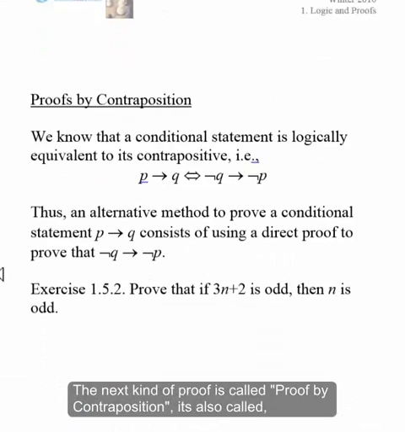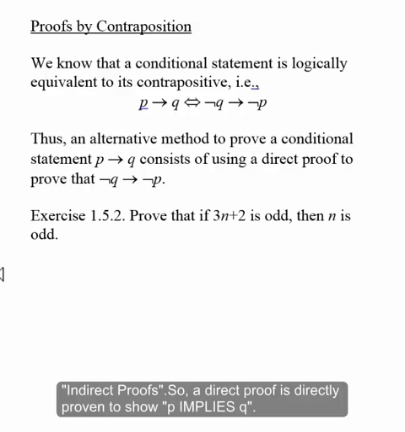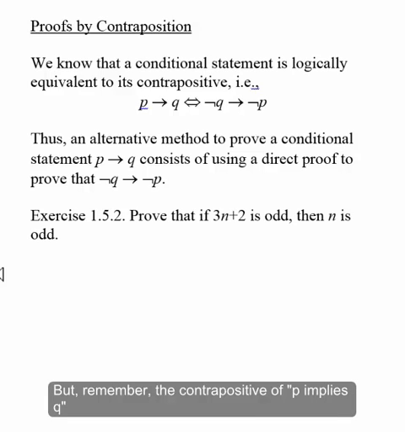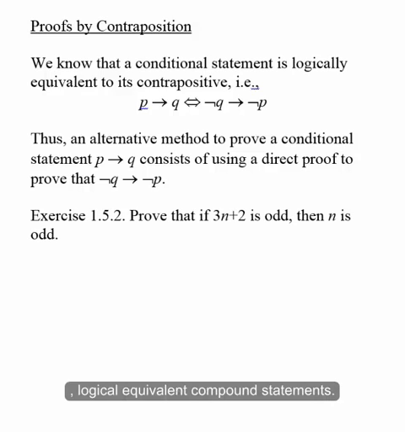The next kind of proof is called proof by contraposition. It's also called an indirect proof. So a direct proof directly proves that P implies Q. But remember, the contrapositive of P implies Q is not Q implies not P. These are two equivalent, logically equivalent compound statements.